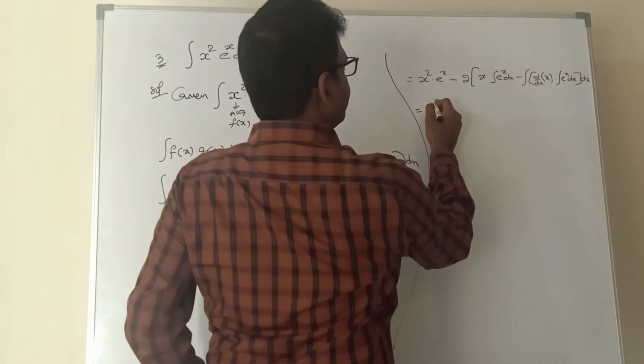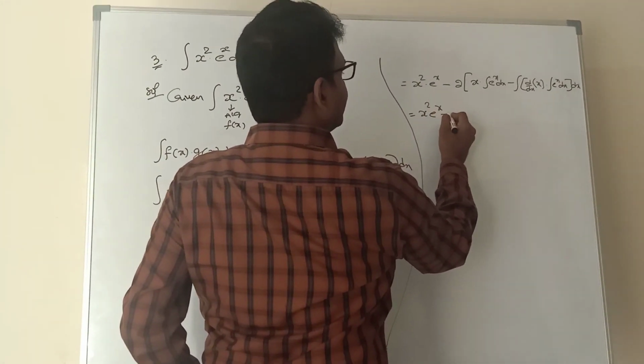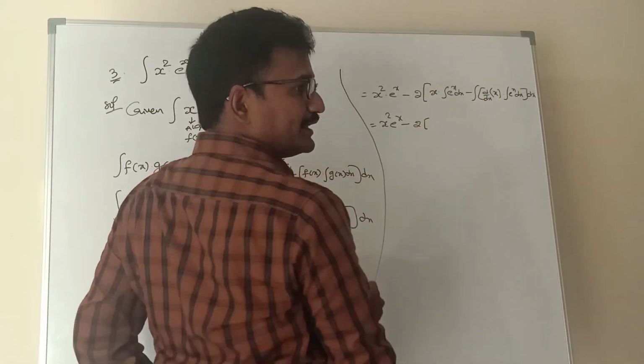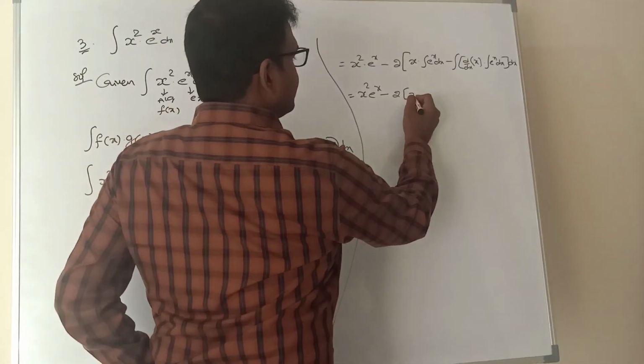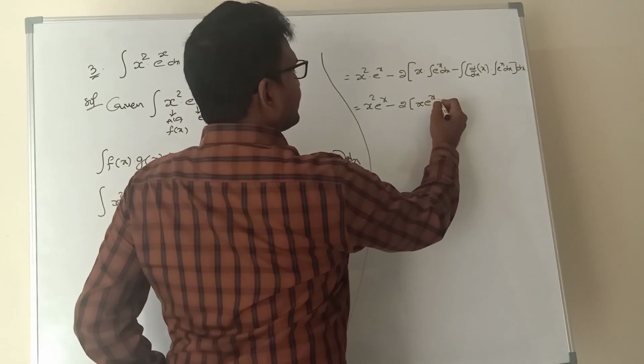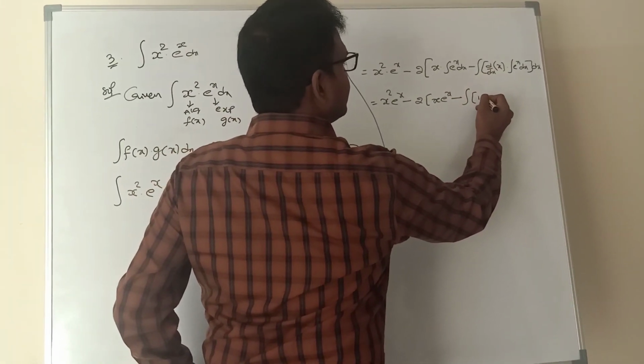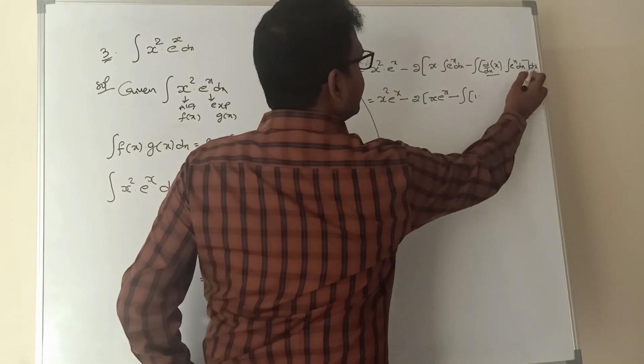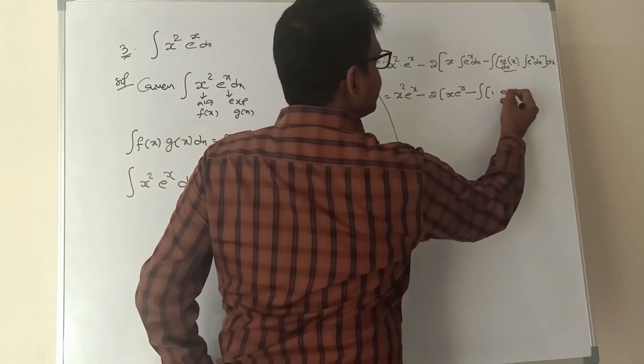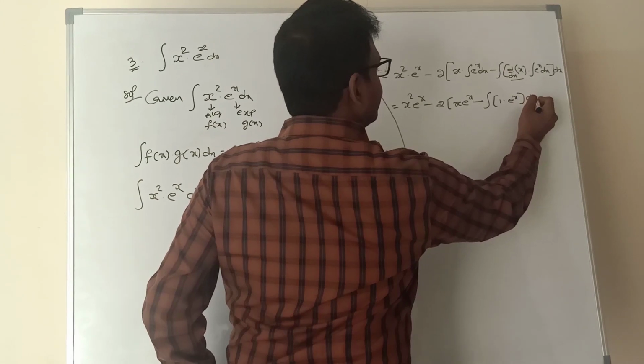So x square into e power x minus 2 into x into e power x, minus the derivative of x, which is 1, into the integration of e power x dx, which is e power x.